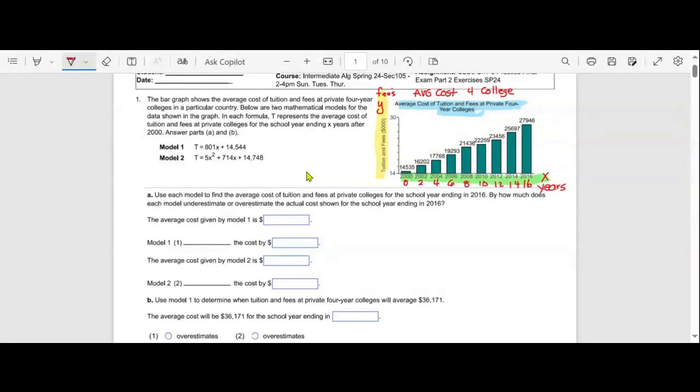Is this clear? These numbers here are the actual. What does actual mean? This is what has already happened, what the cost in fact was to the students.